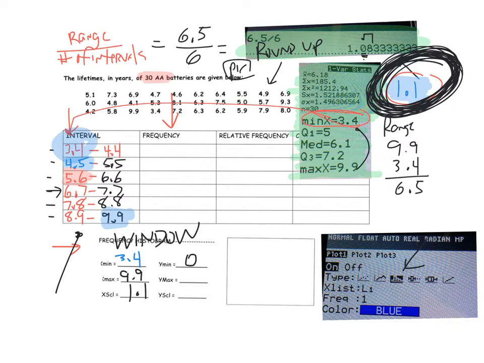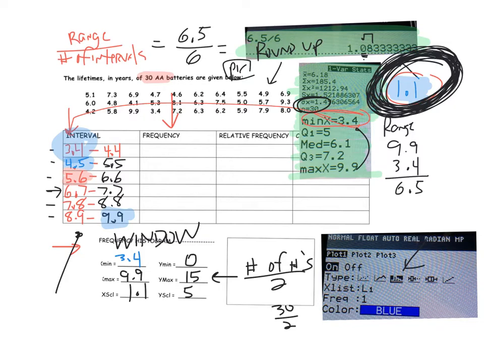To get Y max, what we're going to do is take the number of numbers that they give you and cut it in half. So here the number of numbers that were given, n, was 30. So we're going to be doing 30 divided by 2 to get 15. And then for your Y scale, I'm going to go with 5.